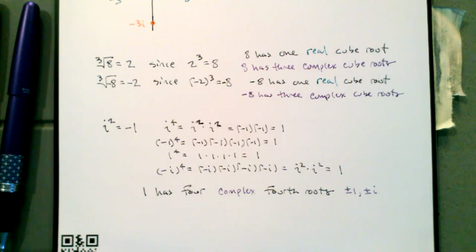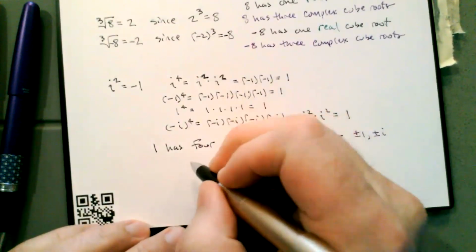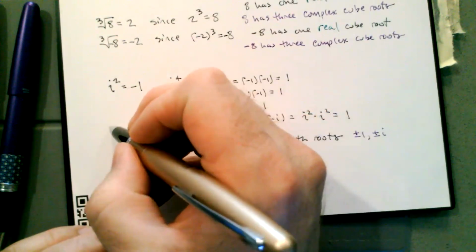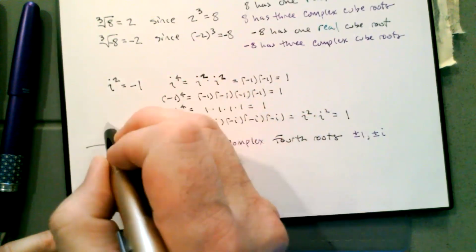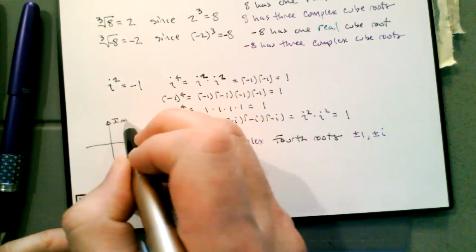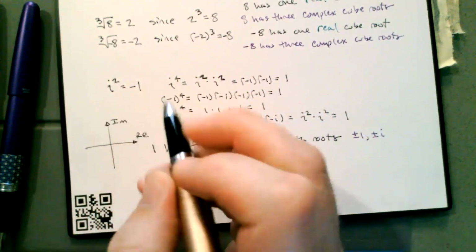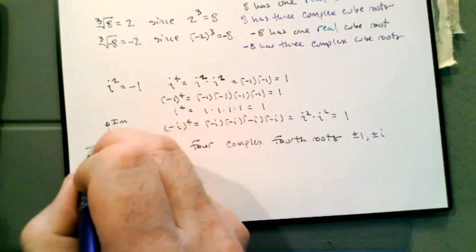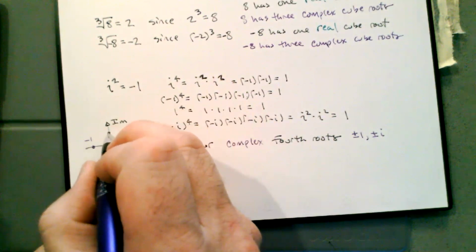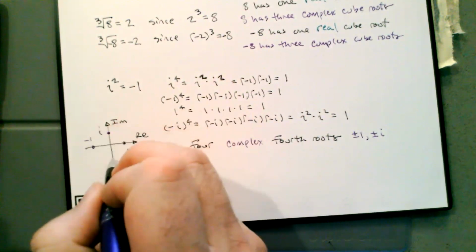Let's draw these 4 complex roots of 1. Ooh, I did not give myself enough space. The 4 complex roots of 1, if I plot them on the complex plane, are at 1, negative 1, i, and negative i.